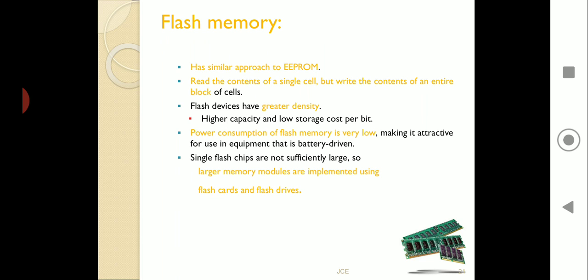In a hard disk we can store somewhere around terabytes, that is TB, but flash drives are in the range of GB, that is gigabytes. One more major thing is flash has a higher cost per bit. That means the manufacturing cost would go on increasing.